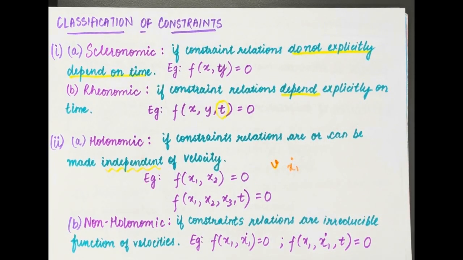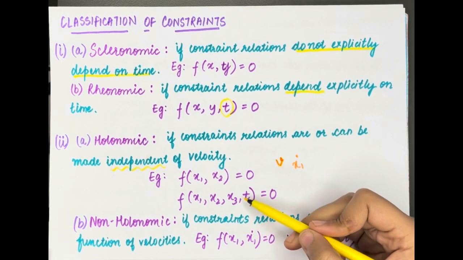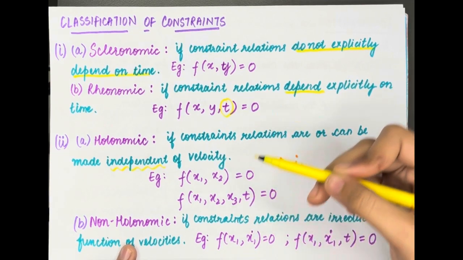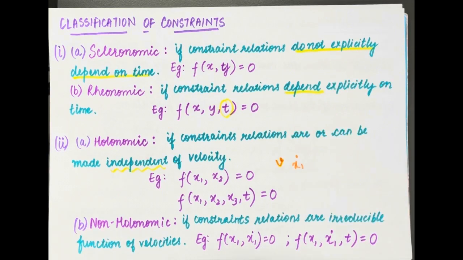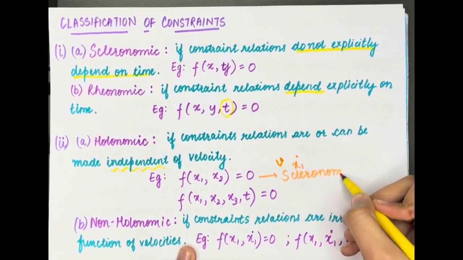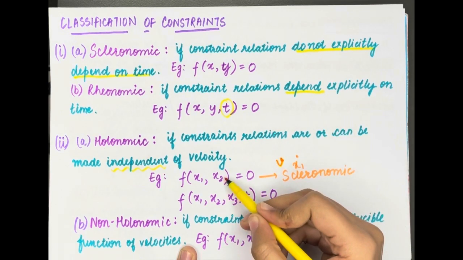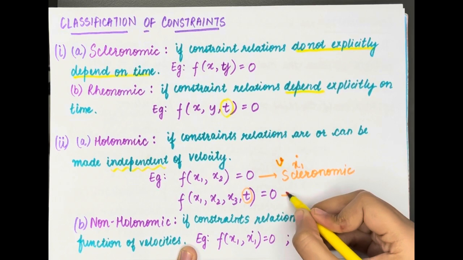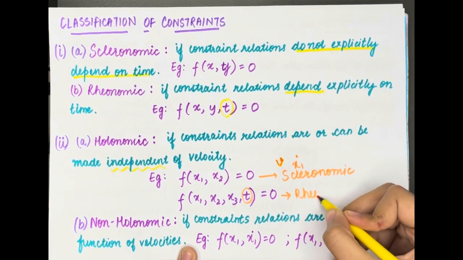So these two examples are holonomic, but if we revise the first part, we know that this is scleronomic because it does not depend on time t. But since this depends on time t, this is an example of rheonomic.